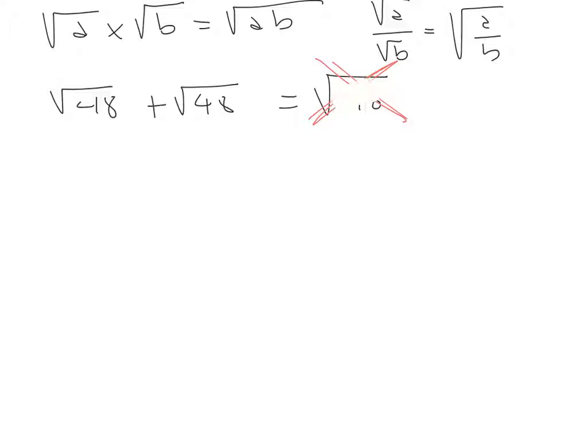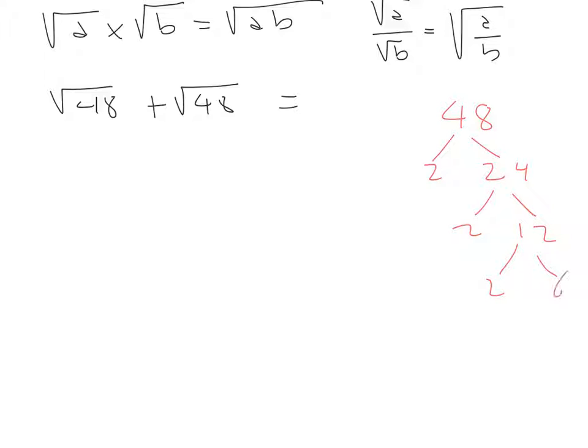So what I can do is try to use what we learned in the previous video and try to simplify 48. We can find the prime factors of 48. I can divide 48 by 2 and get 24, divided by 2 and get 12, divided by 2 and get 6, divided by 2 and I get 3.